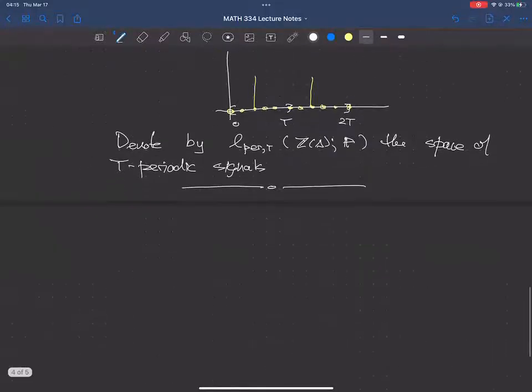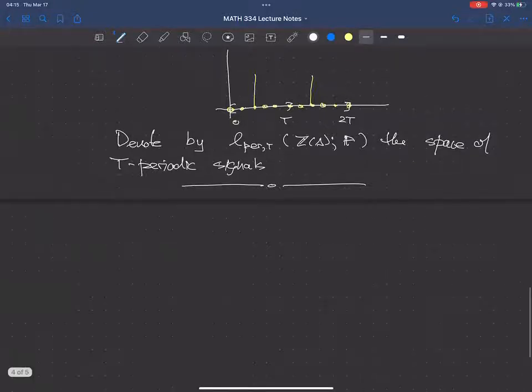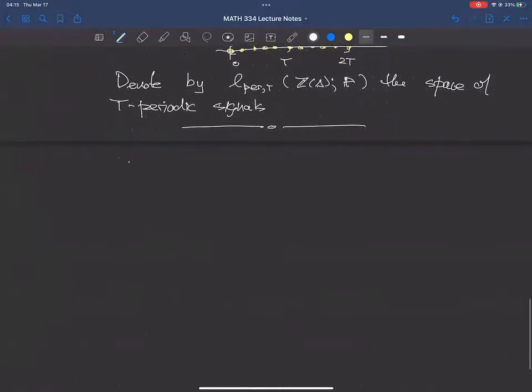Periodic convolution comes in 2 flavors, just like the normal, non-periodic convolution: discrete and continuous time, and there are formulas for them. I'll just write the formulas down.